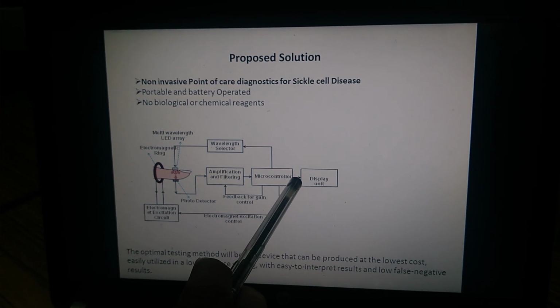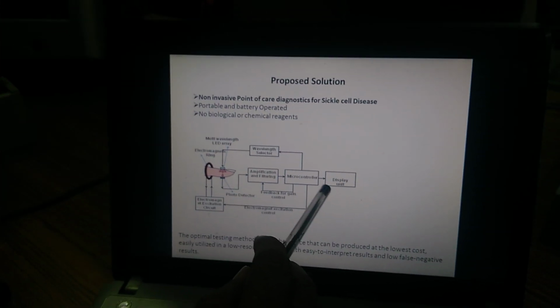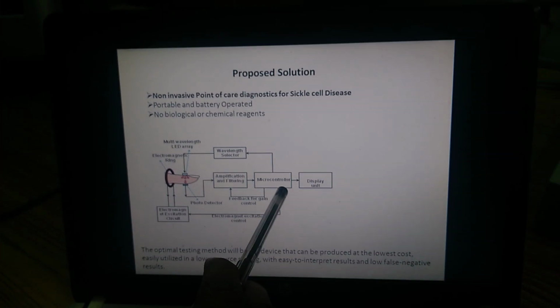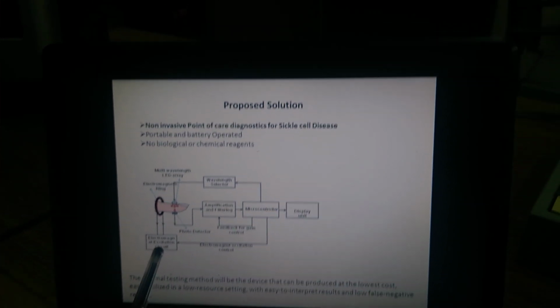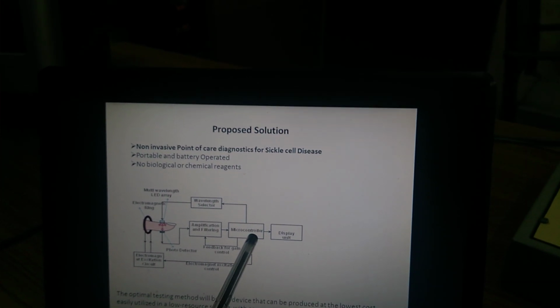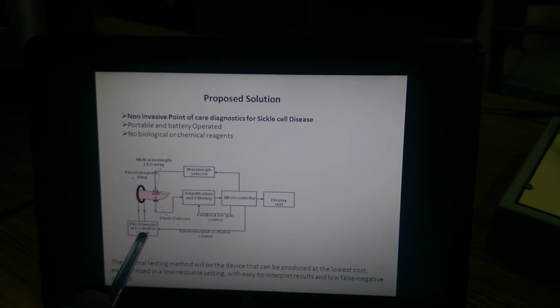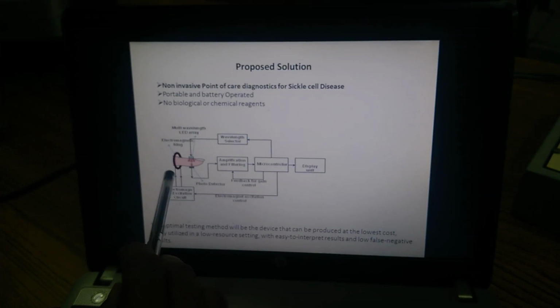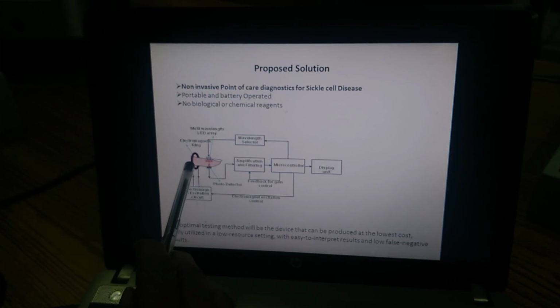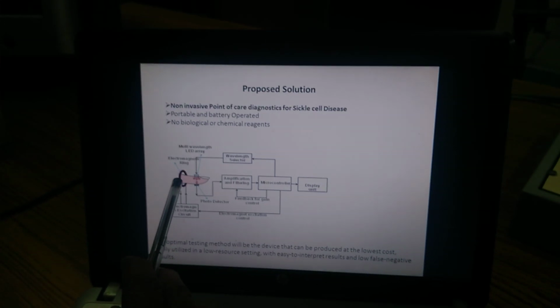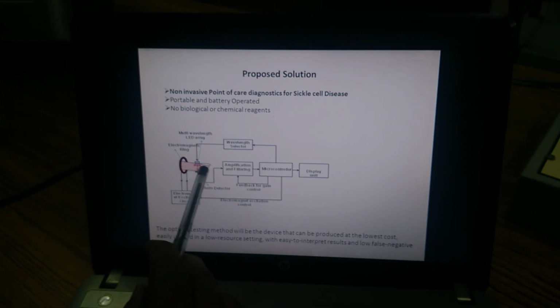To differentiate anemic cases from sickle cell cases, we have an electromagnet, also under the control of the microcontroller. The microcontroller excites the electromagnetic coil, generating a magnetic field that will orient the sickle cells if they are there.